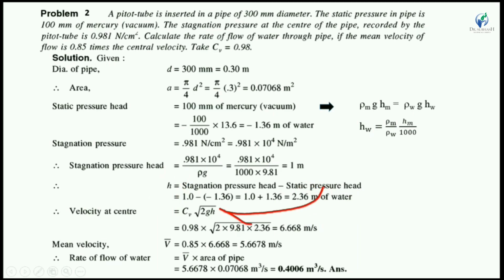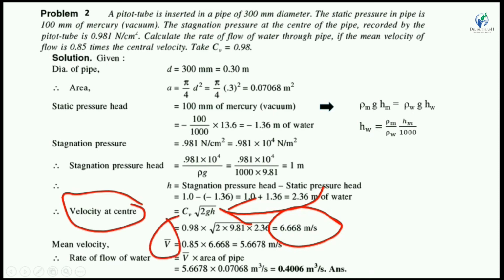This value of small h is entered into the velocity equation, and we finally get the center velocity, 6.668 meter per second. From the center velocity we can find the mean velocity, v bar, and that is 5.6678 meter per second.